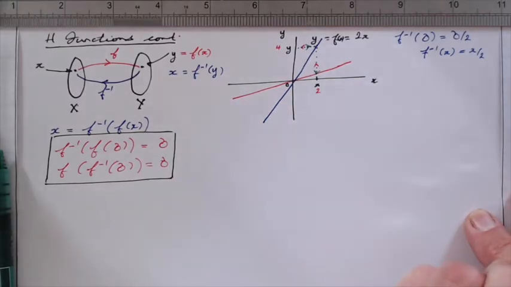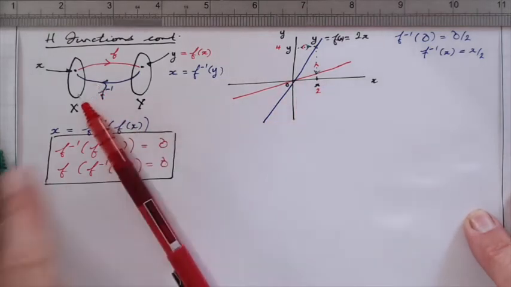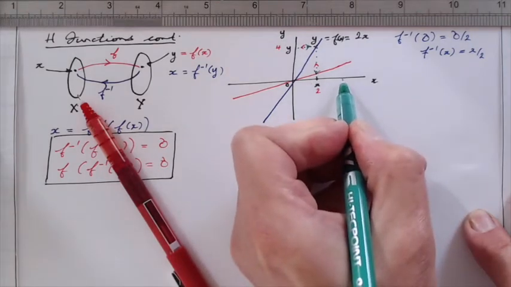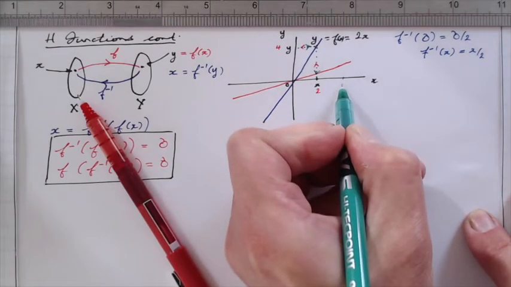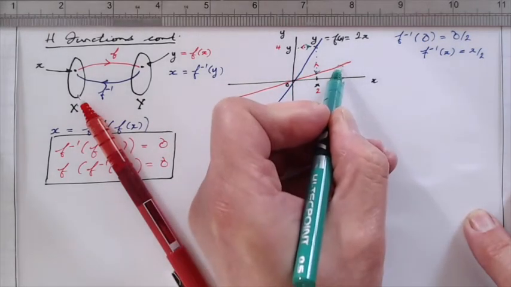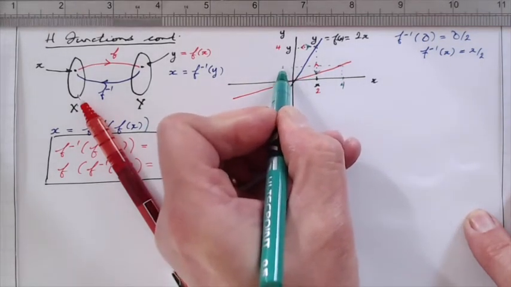What this function does, you see, is halve the input. So if I take x equal to 4, it gives me an output, which is y equals 2.